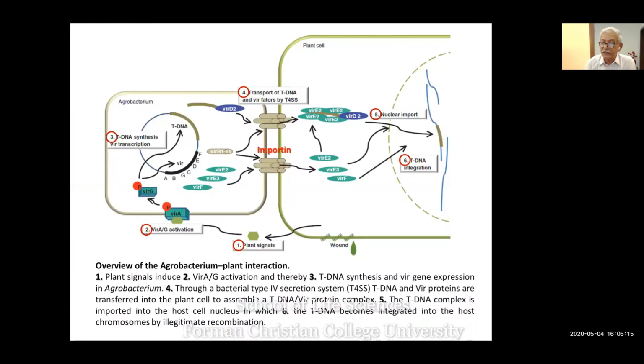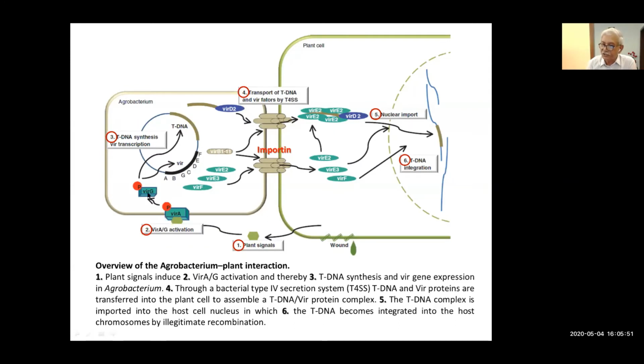Linked to this slide is another slide which tells you about the mechanism of this movement of the T-DNA from the bacterial cell, which is here, okay, to the plant cell, which is here on the right-hand side, okay. So you can see here that if there is a wound in the plant cell, the plant signals like acetosyringone and lower pH activate VirA and VirG. VirA is there in the cell wall, it gets phosphorylated.